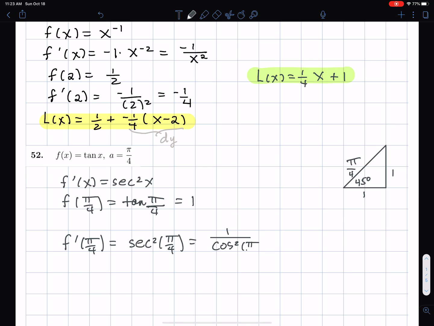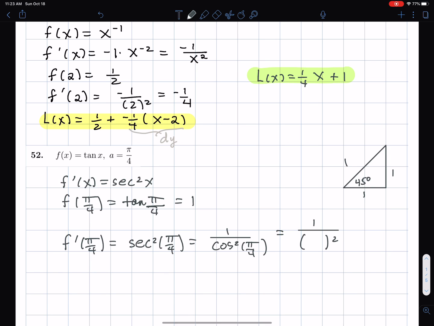That will be 1 over cosine squared pi over 4. Cosine does not go with cosecant. The cosine goes with secant, not with cosecant. All right, and so this becomes 1 over cosine pi over 4 squared. Oh man, I wrote that triangle wrong.